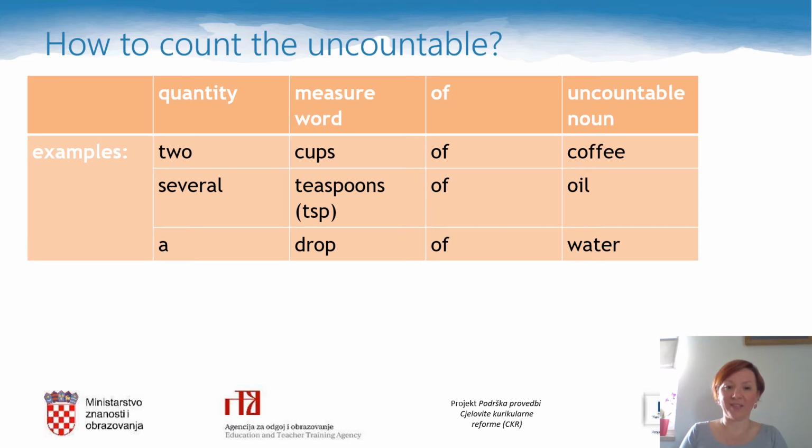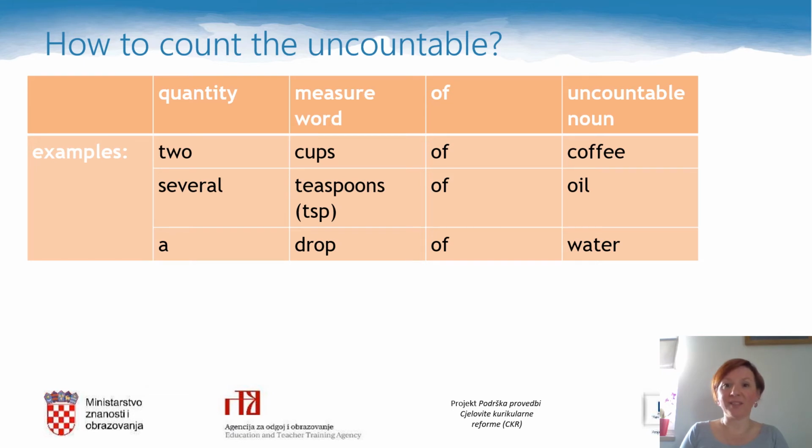So you get two cups of coffee. Coffee is an uncountable noun, but you can count cups of coffee. Several teaspoons of oil. You can't count oil, but you can count teaspoons of oil. A drop of water as well.